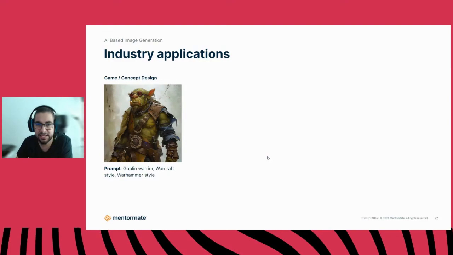Now, industry applications. This is an example of a goblin warrior that I decided to generate for game or concept design, because I've spoken with some game development studios or designer studios, and they all say that this saves them a lot of time, those that are using such models.